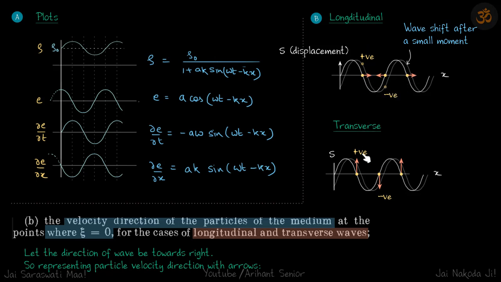In transverse waves, same concept: just momentarily after, the displacement is positive, but since the wave is transverse, we can show with the arrow that its actual velocity will be upwards. Here the actual velocity of the particle is towards right, the particle which is here has velocity towards left. The particle which is here has velocity upwards, positive, and the particle which is here has velocity negative.